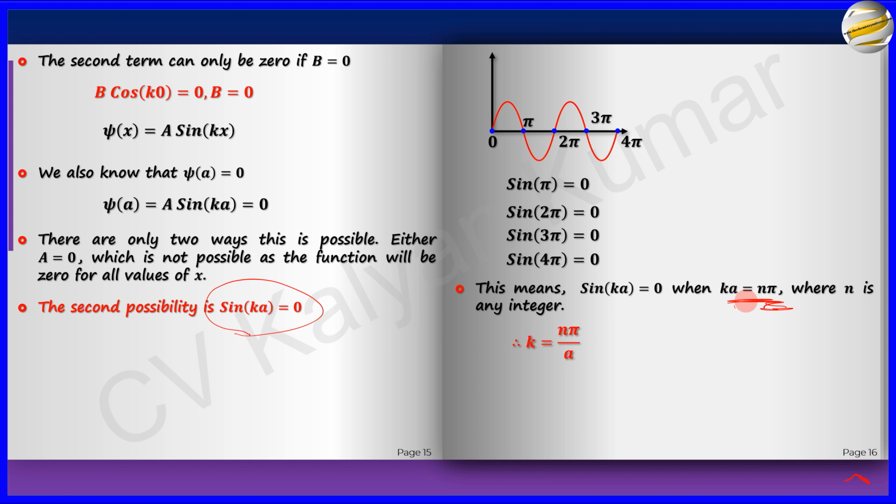So let's examine this graphically. Psi of x is A sine kx. Remember that. Now psi of x is A sine of n pi x by a. Remember k is n pi by a. I've taken a as 1. You can take any value for a. A can be 1, 2, 3, whatever.